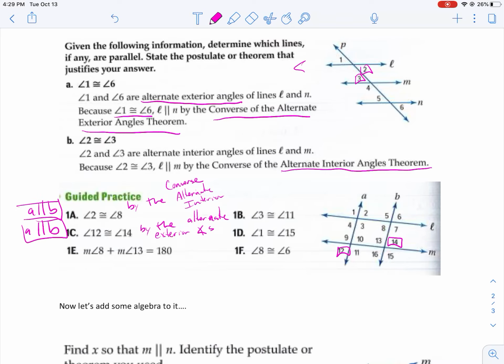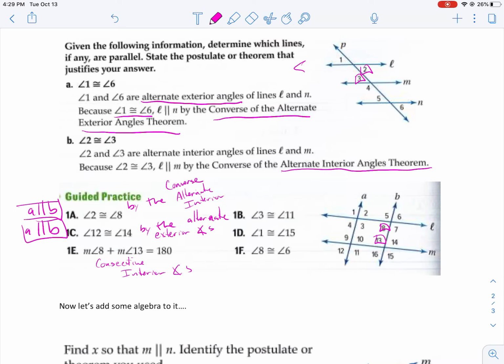All right, how about 8 and 13? Well, 8 and 13 fall in the interior of lines L and M, and they're both touching line B. So they are what we call consecutive interior angles.